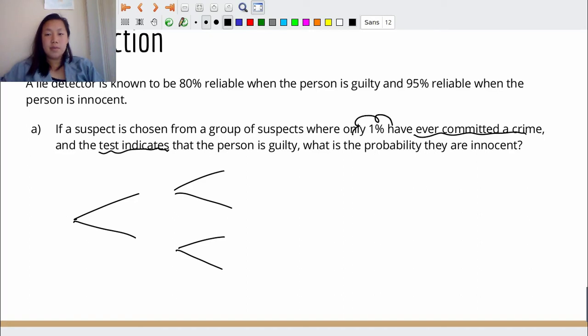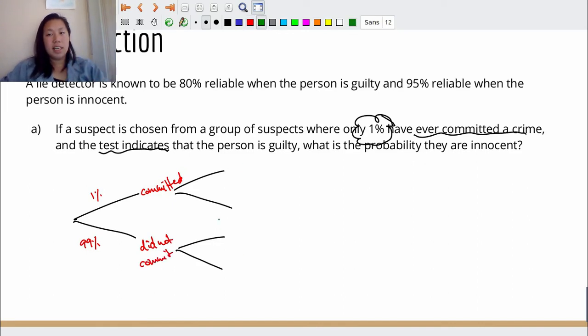There's a 1% chance that they committed a crime, and then 99% that they did not. And then here are the results of their lie detector test. When the person is guilty, it's 80% accurate, they are guilty.